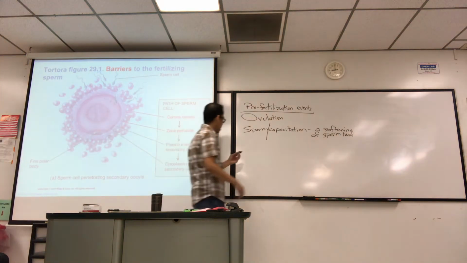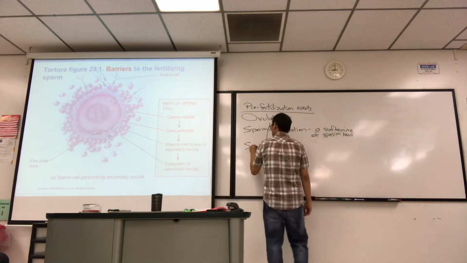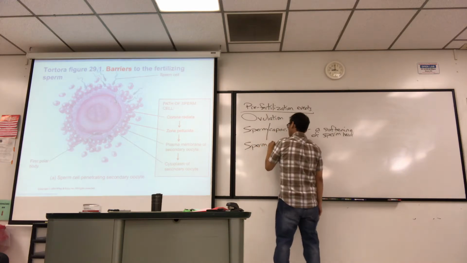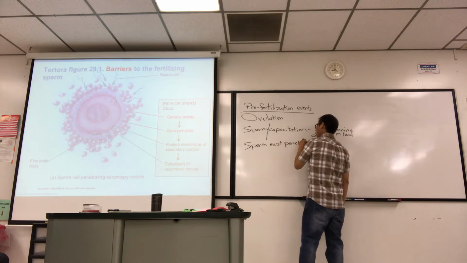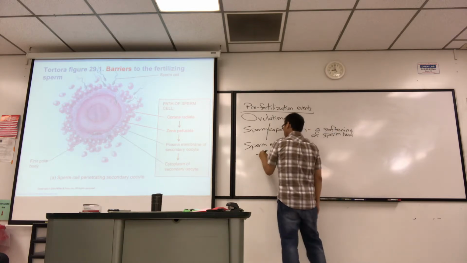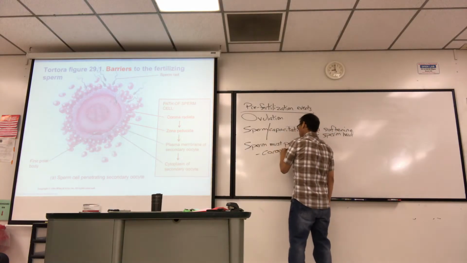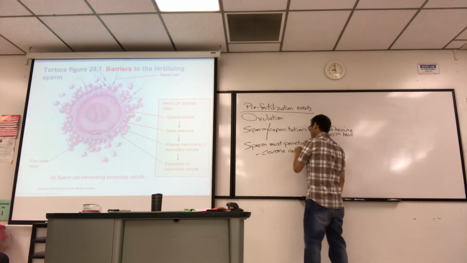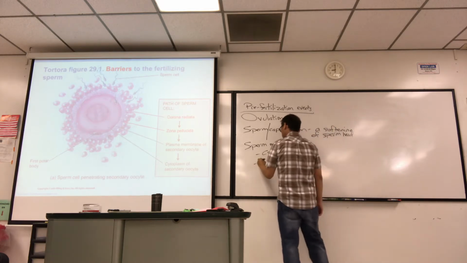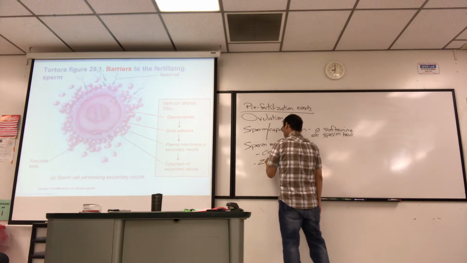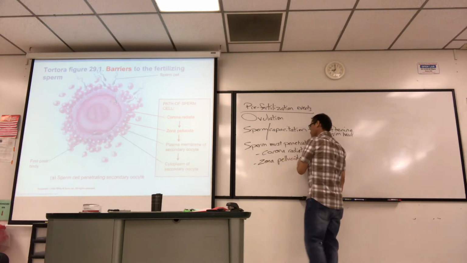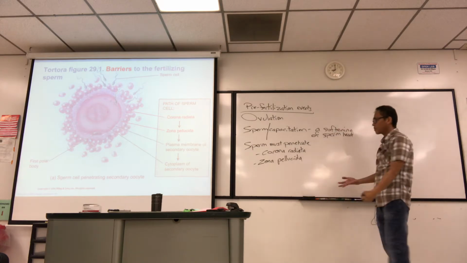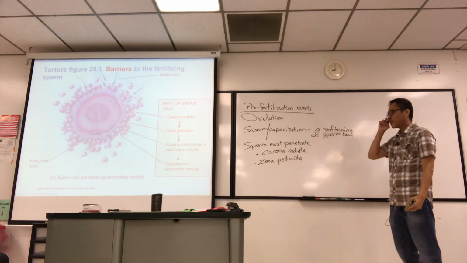Sperm must penetrate the corona radiata and the zona pellucida. Those are not the oocyte, there are barriers around it.